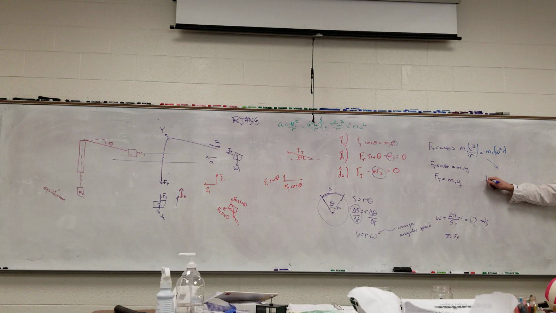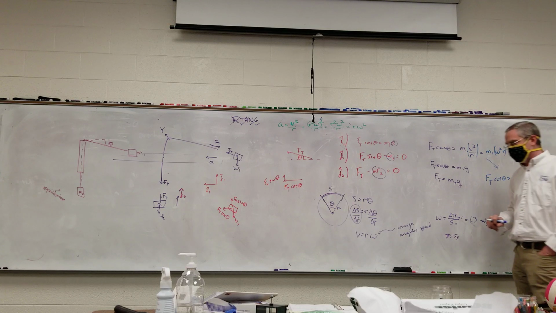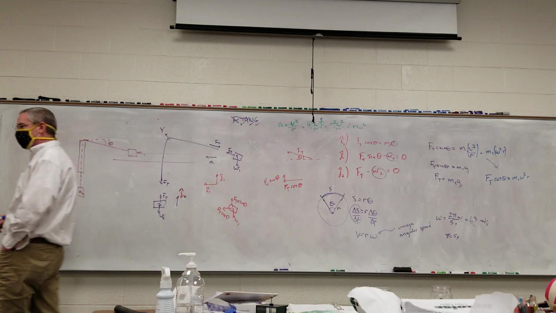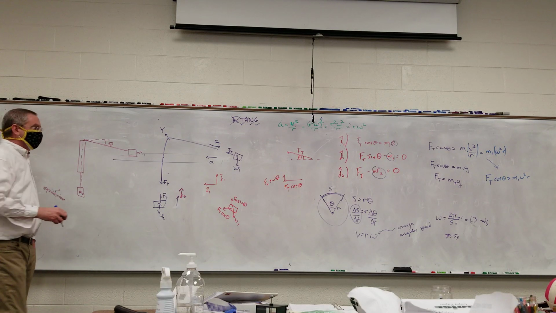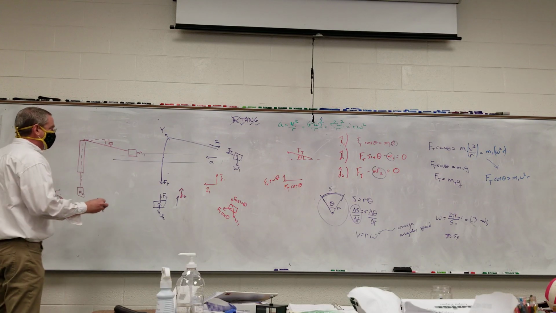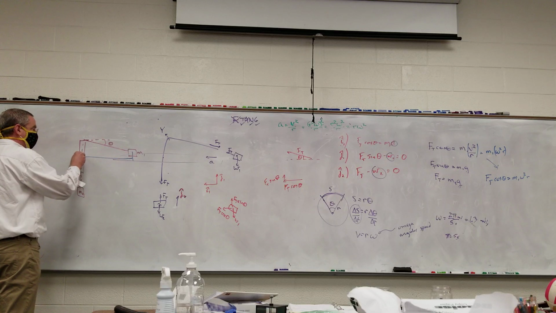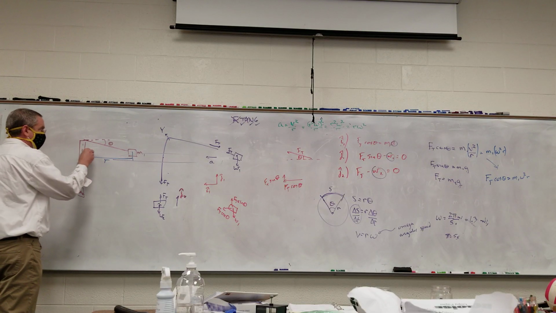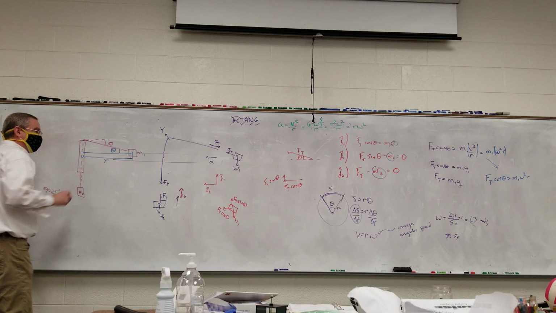So I have this tension times the cosine of the angle which it's sagging is equal to M1 omega squared R. Now I can imagine this doesn't necessarily look like we've simplified it, but there is one more thing we can do. R is the radius of the circle. R is the distance from here to here, that's R. Theta is that angle right there.